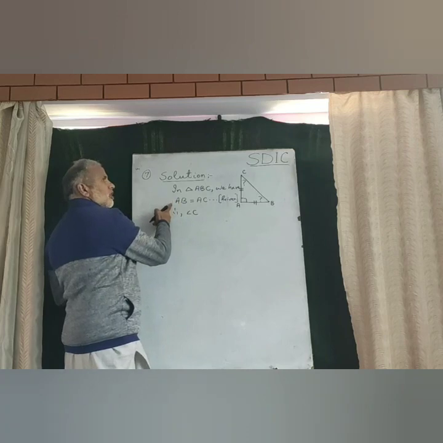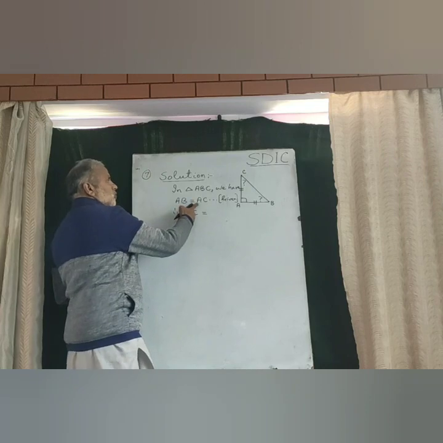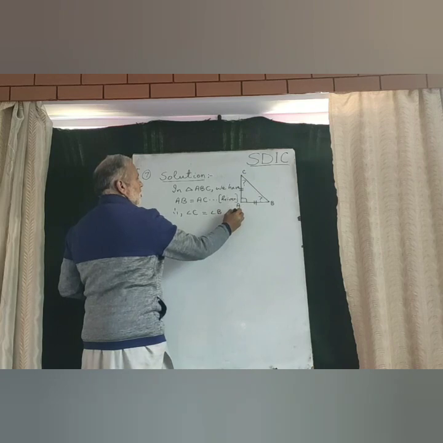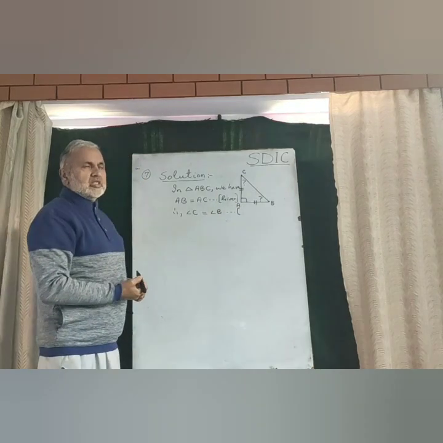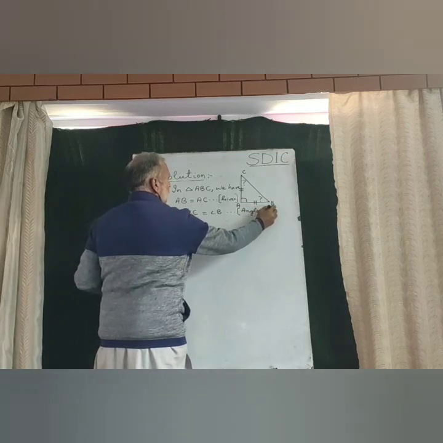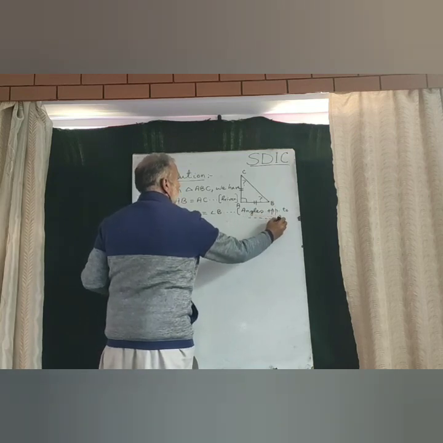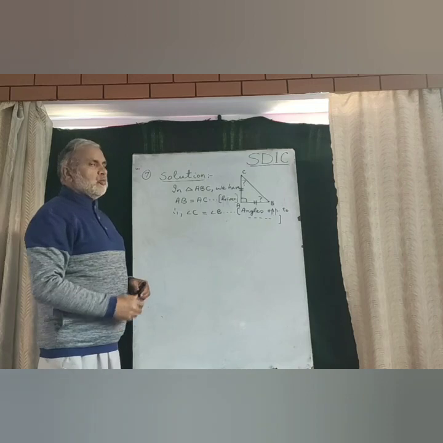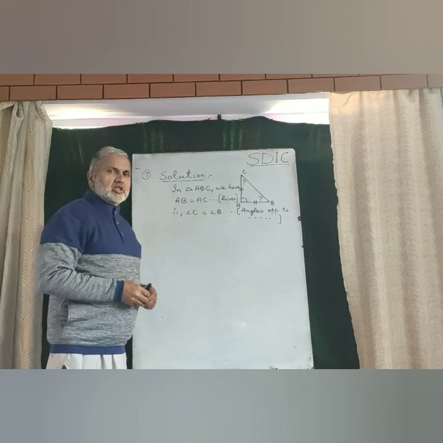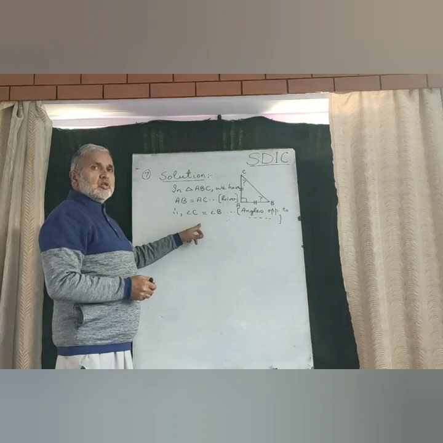The angle opposite to the side AB is angle C, which is equal to the angle opposite to the side AC, which is angle B. And the reason will be what you wrote in the previous question: angles opposite to equal sides of a triangle are equal. You have just now written that as reason in the previous question also. These two angles are therefore equal.